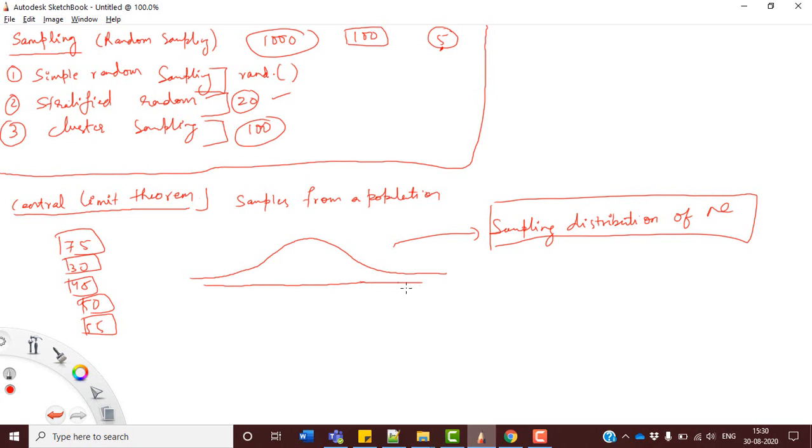Now why do we do it? Because if we do this and then we find the mean of this newly developed distribution, it gives a very fair idea about the population mean, or we also call it the population parameter.